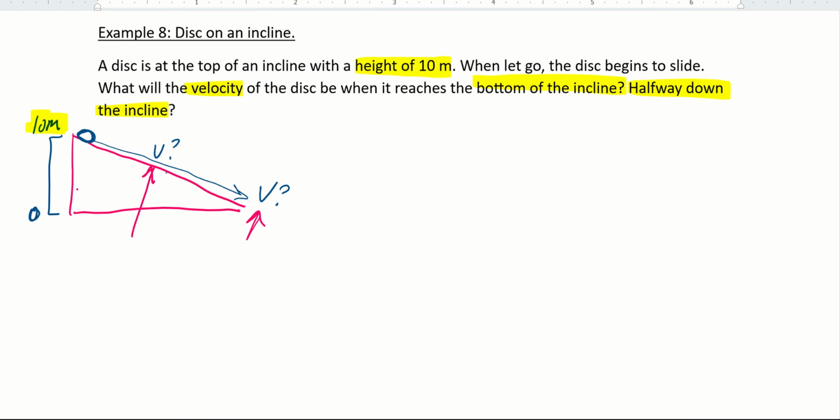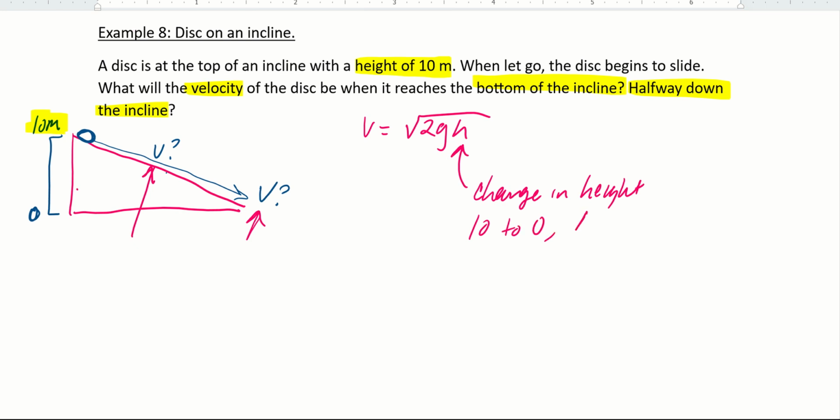So let's find our velocity at the bottom. So our change in height, you can think of this as a change in height. So I'm going from 10 to 0, so my change in height is 10.